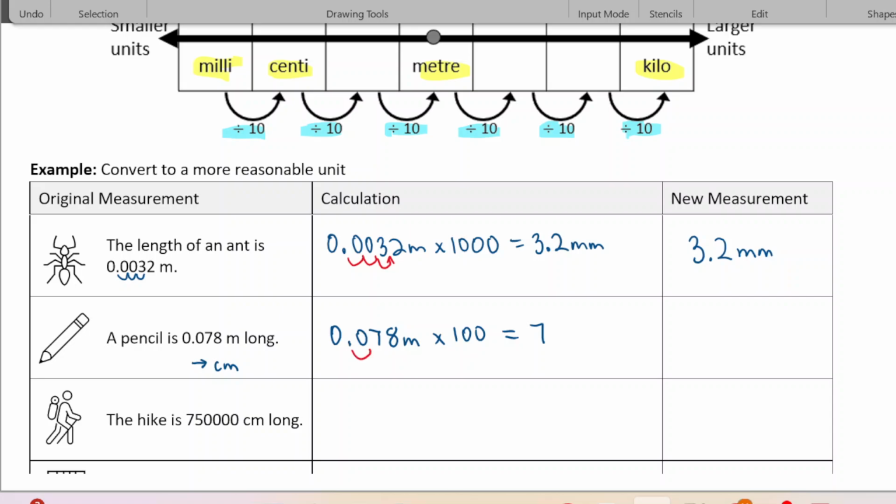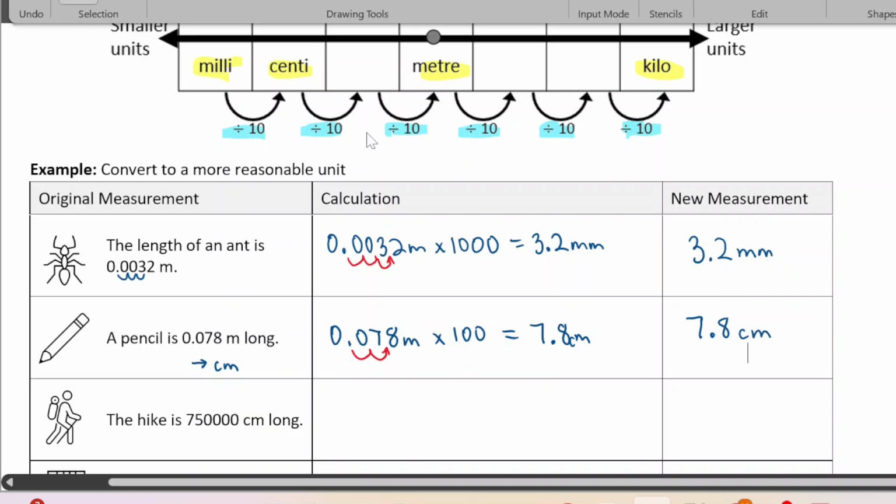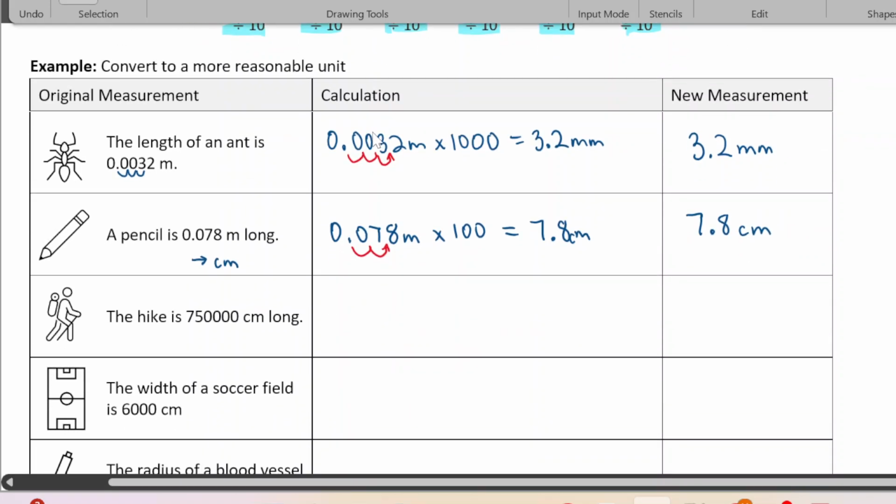So here, because 100 has 2 zeros, we're going to move that decimal place 2 spots. So it's going to be 7.8 meters. Oh, sorry, centimeters. This pencil is not 7.8 meters long, it's 7.8 centimeters long. Again, same thing as 0.078 meters, but you would never say a pencil is 0.078 meters long.